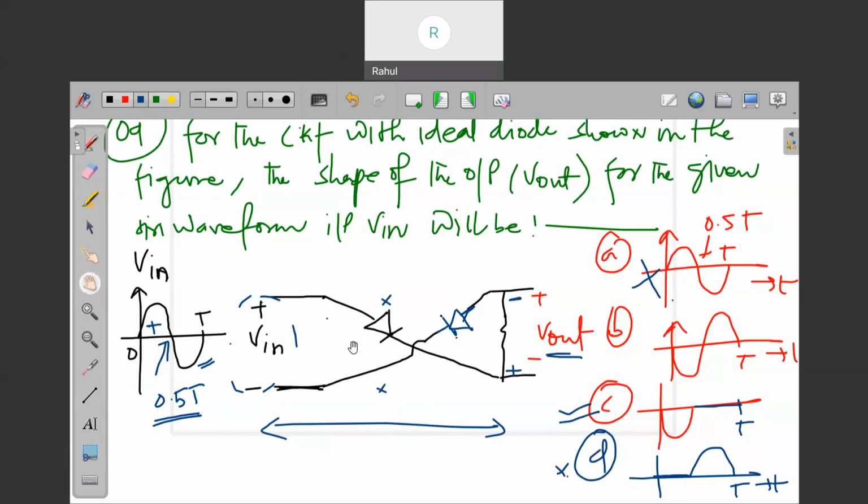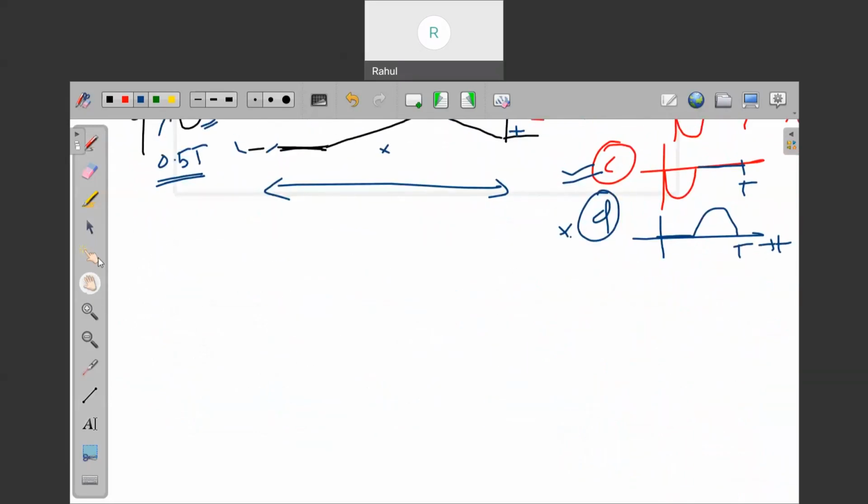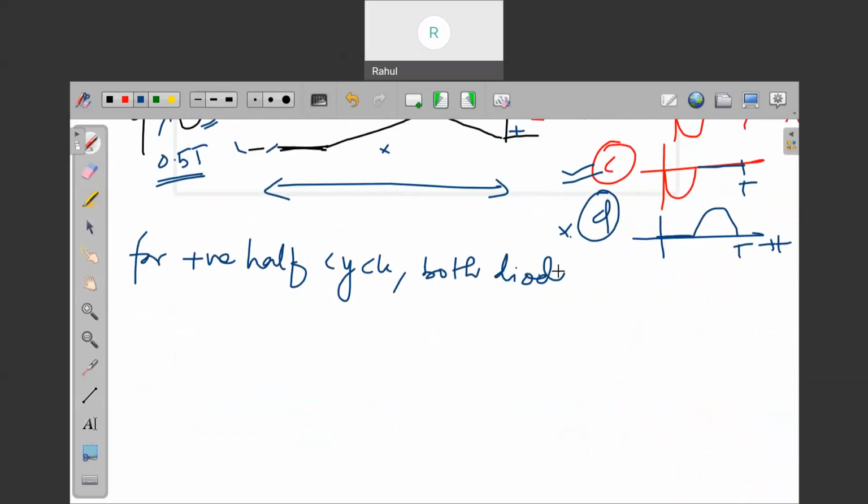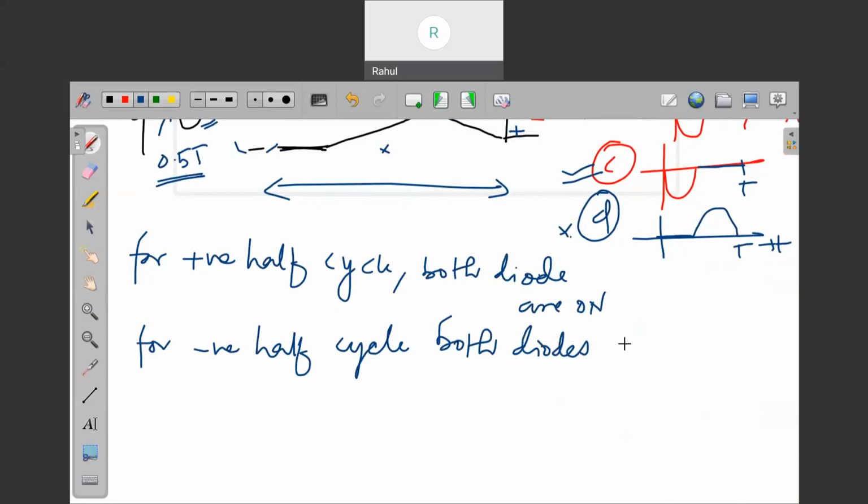You can write here: for the positive half cycle, both diodes are on, right? Both diodes, very good problem. Both diodes are on. For the negative half cycle, both diodes are off.